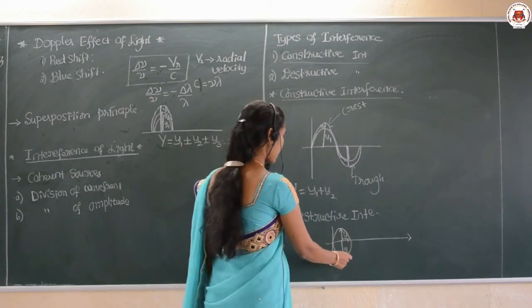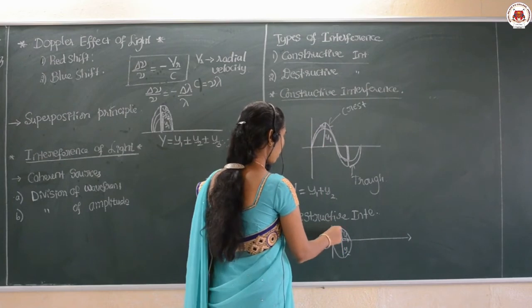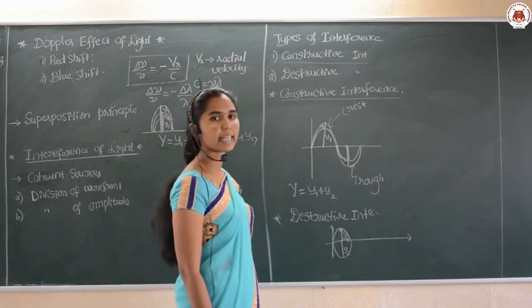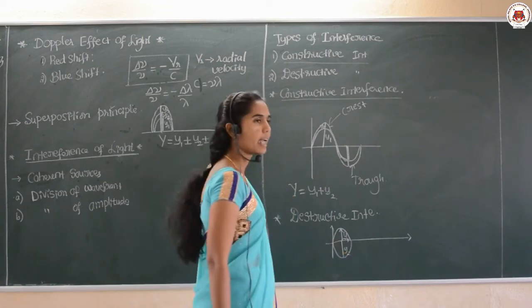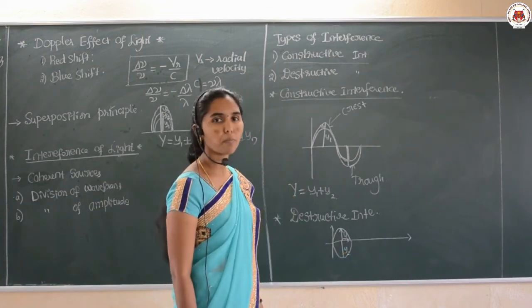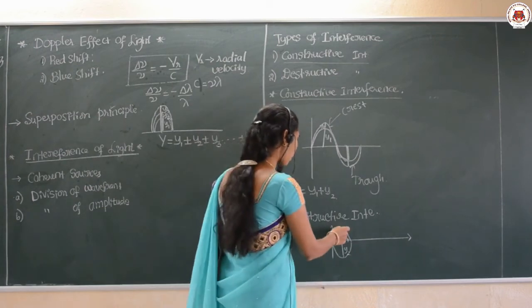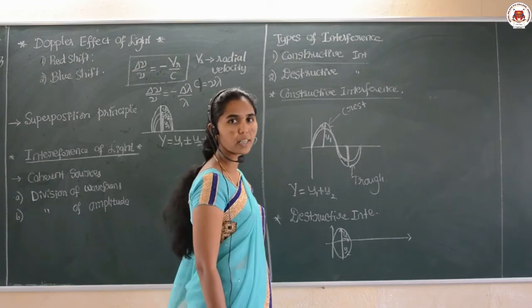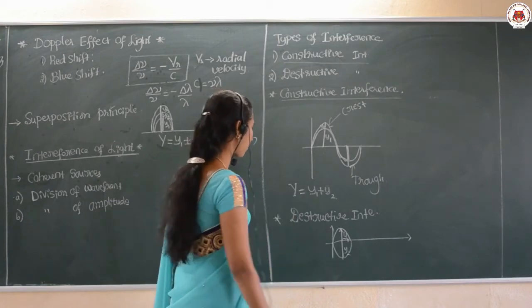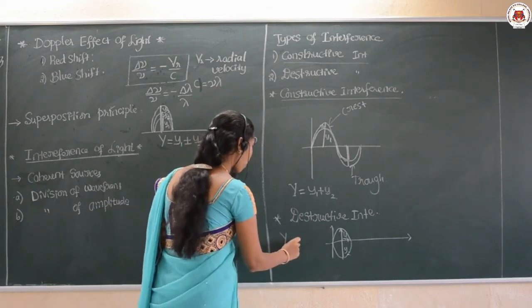In this condition y1 is above the axis, so I can take that as positive, and y2 is below, which I can consider as negative. So, if you want the total displacement at this given point by the superposition principle, how can you take this formula?